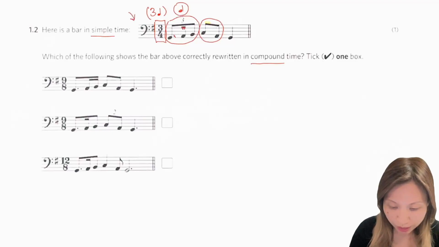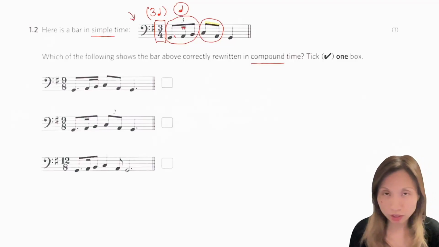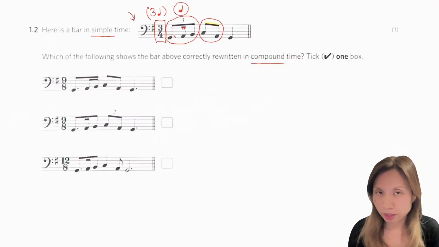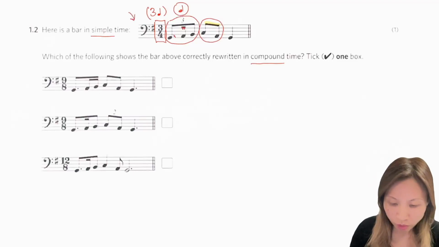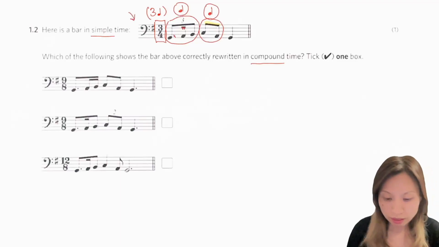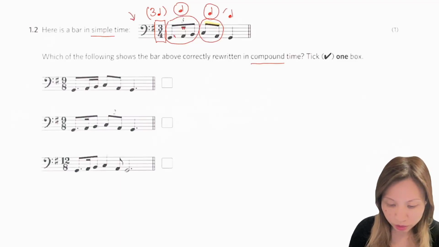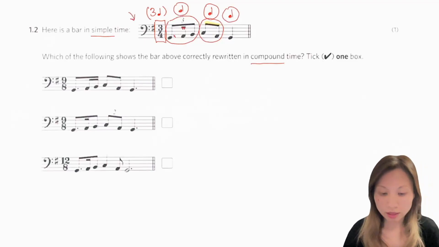You always want to look at how the notes are beamed together, because if they're beamed together, they group together, they mean something. You want to read them together as a group. So here we have 2 quavers, and 2 quavers would make 1 crotchet beat. And the last one is just a crotchet beat. So you can see there are 3 crotchet beats in this bar.